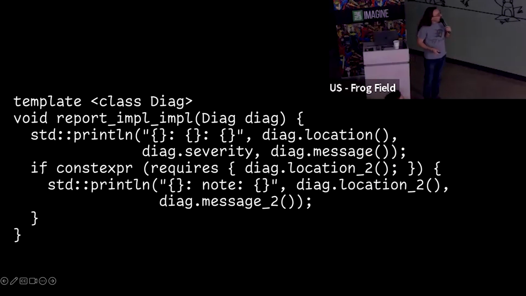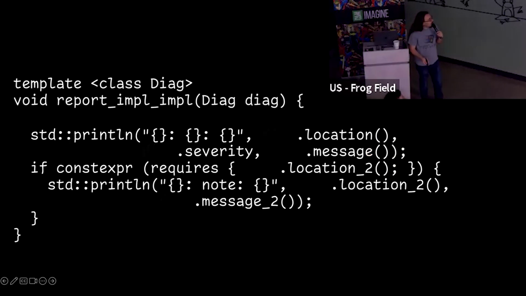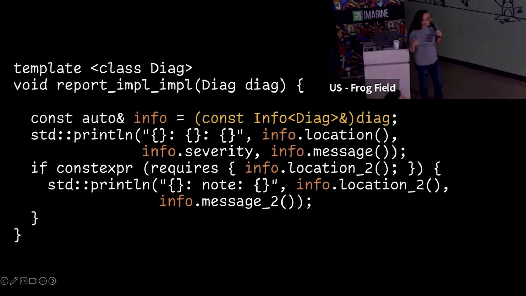So here's our report impl class in the CLI diag reporter. To use the new info thing, all we have to do is downcast from the diagnostic type to the implementation, the metadata class. And then if you say info.location, it calls the metadata method for location, and that will get the variable from the diagnostic.